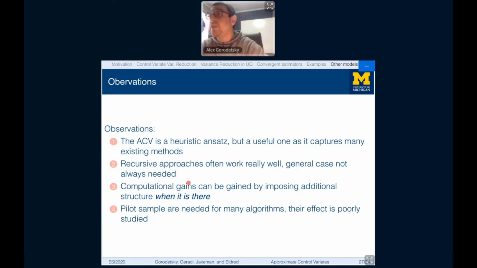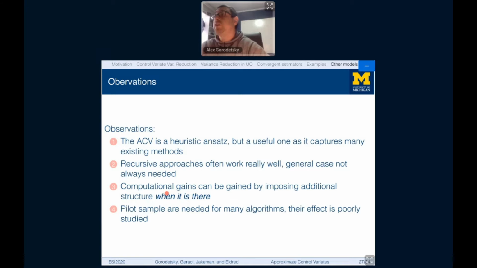And indeed, the recursive approaches often work really well, and the general case is not often needed. But again, it has these limitations when you don't have the structure that you want. However, when there is other structure, for instance, either recursivity, when there is structure like recursivity or even pure models, then you do get computational and algorithmic gains from exploiting it.